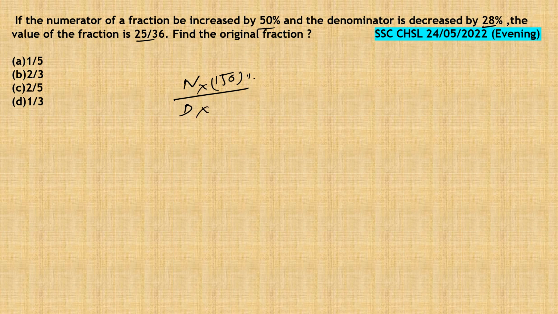If it is decreased by 28, then it would be 72%, that is 100 minus 28. And the new fraction is 25 by 36. The percentage gets cancelled. 36 2s are 72, 25 6s are 150, that is n by d is equal to 2 by 6, which is equal to 1 by 3. That is option number D.